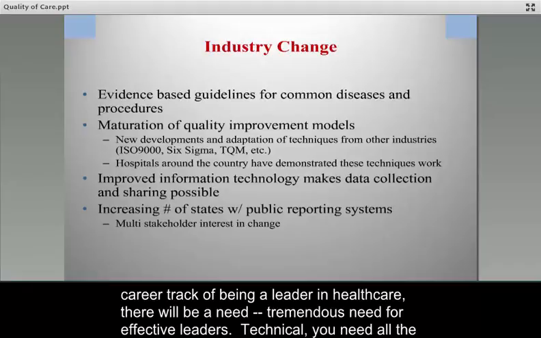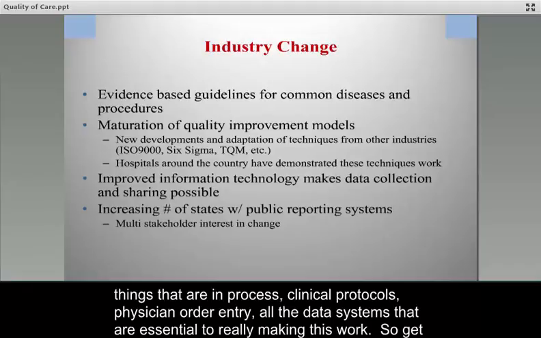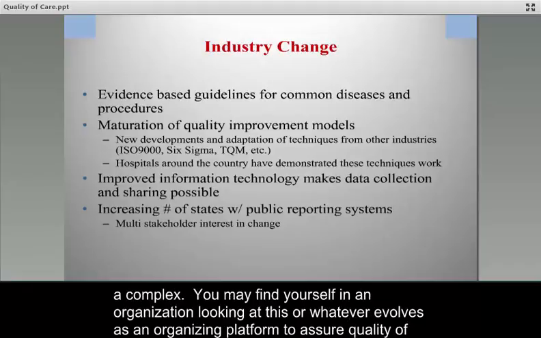Technical, you need all of the things that are in process, clinical protocols, physician order entry, all the data systems that are essential to really making this work. So again, complex. You may find yourself in an organization looking at this or whatever evolves as an organizing platform to assure quality of care.